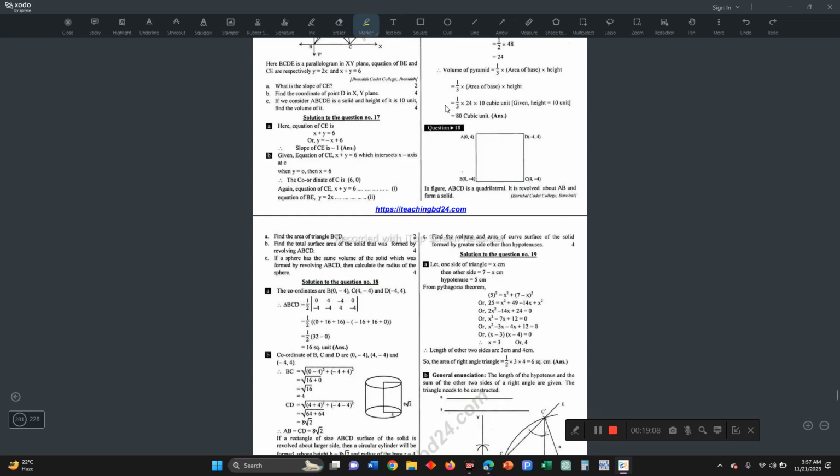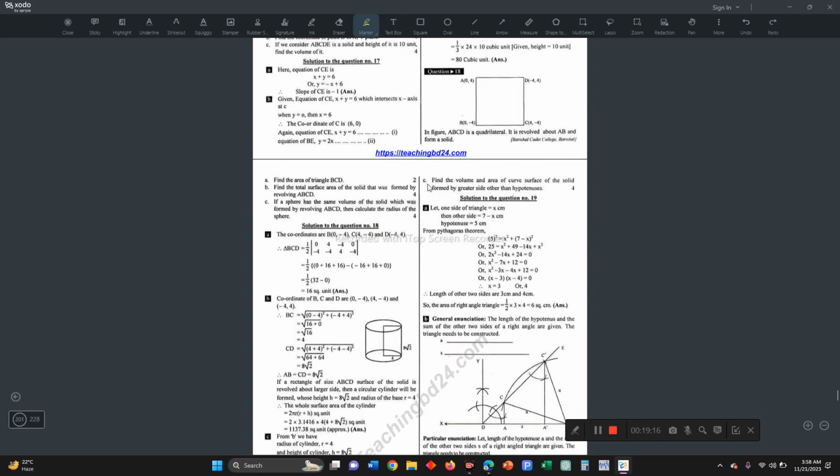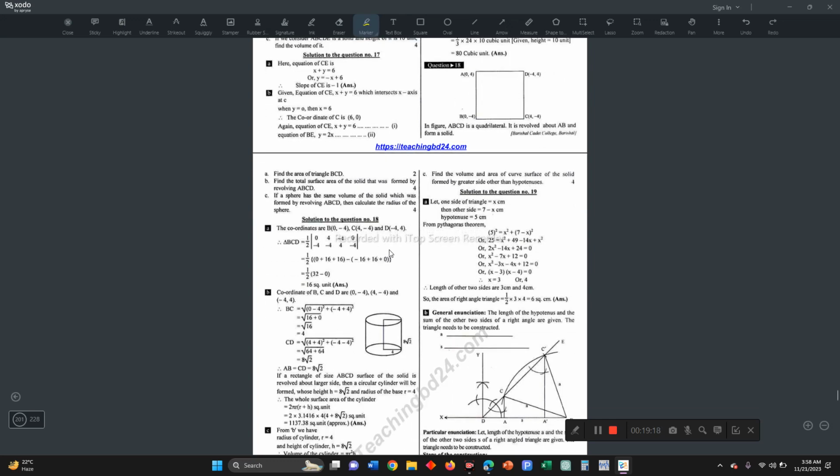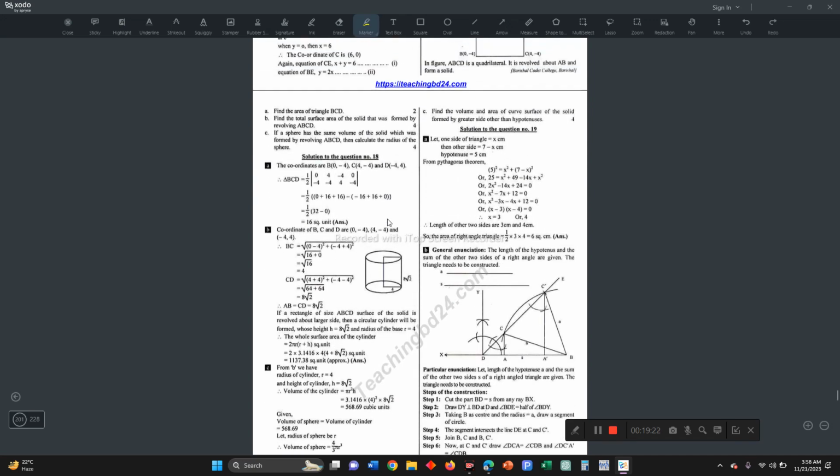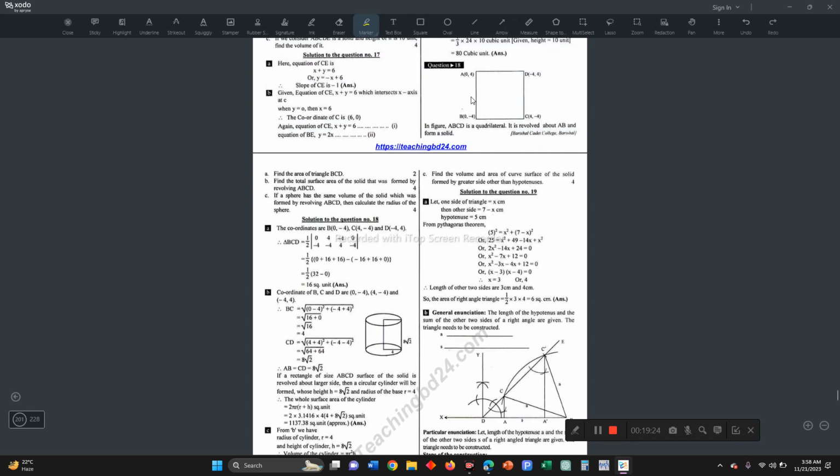The points form a rectangle, and by revolving the rectangle, it forms a cylinder. This question has been repeated again, and the procedure is the same. At first, we have to determine all these lengths using the square root of x2 minus x1 whole square plus y2 minus y1 whole square.